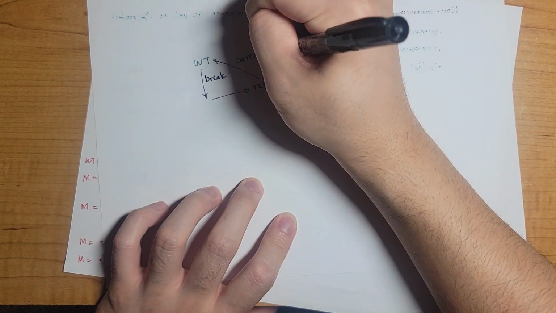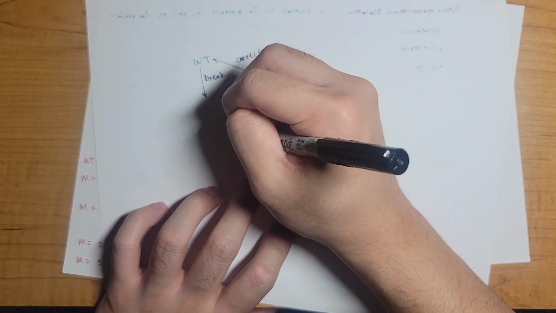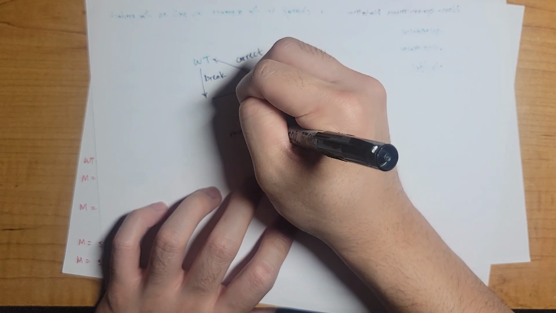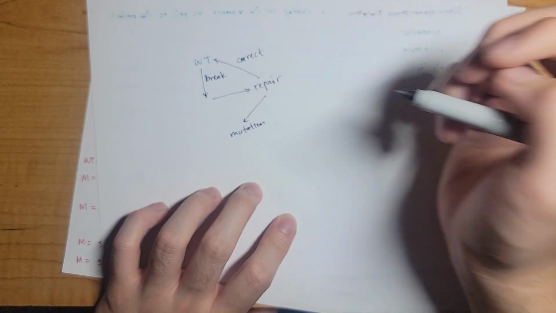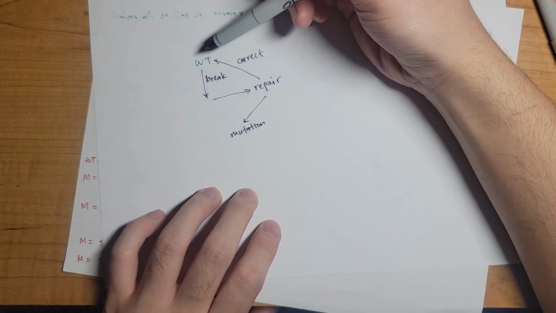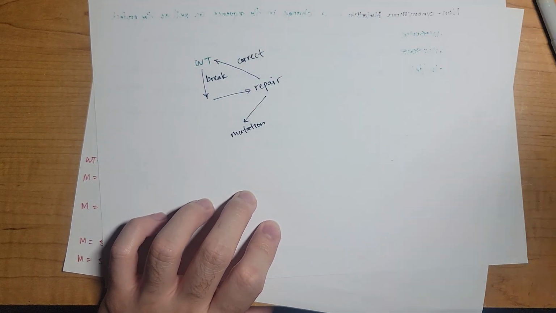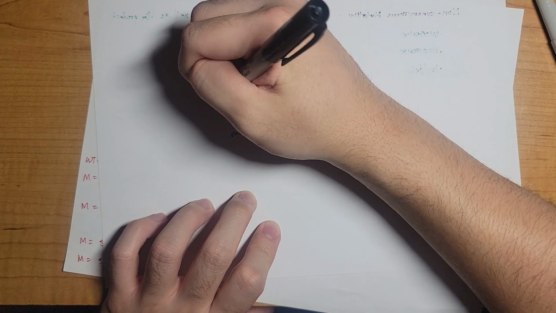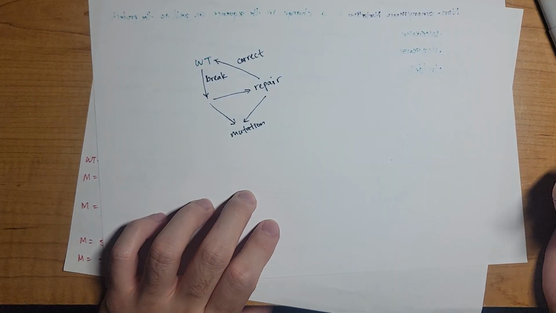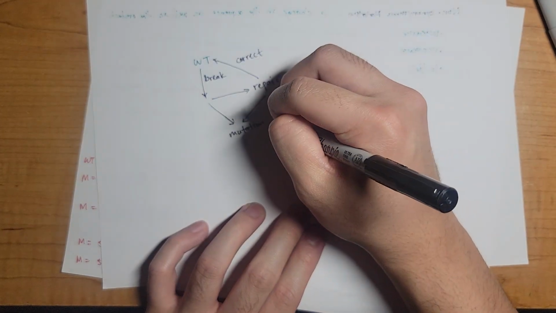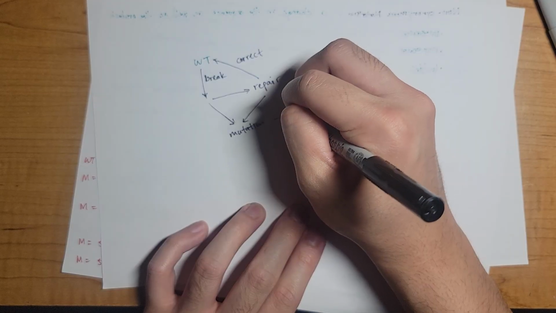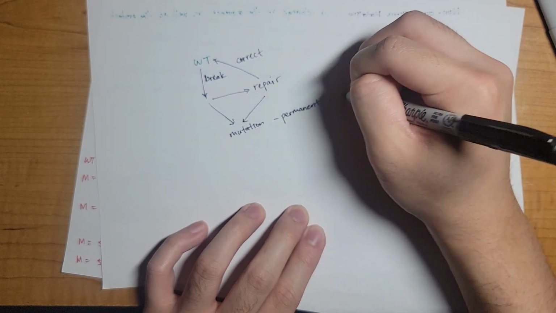But if it's not correct, we will have a mutation. And let's say the wild type is broken and it wasn't repaired, then we will have a mutation, right? So that's why mutation is a permanent change in the sequence.